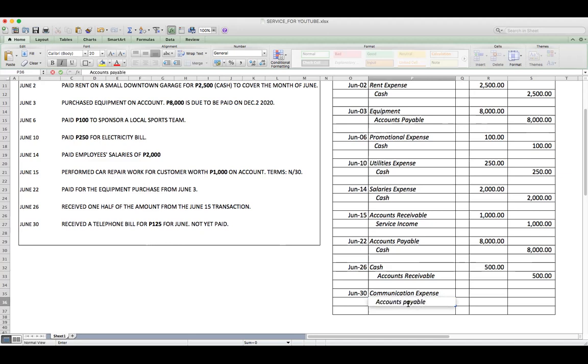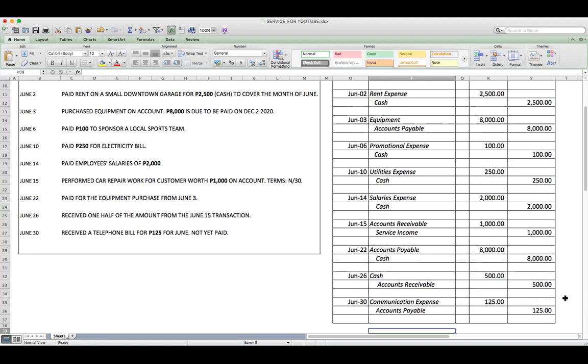Some other accountants use accrued expense or communication payable. It could be that. But let's use the simple account title, which is accounts payable. So we have communication expense or telephone bill for 125 and it is still unpaid, so it is under accounts payable.